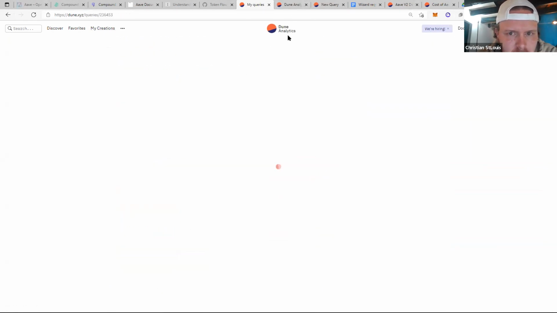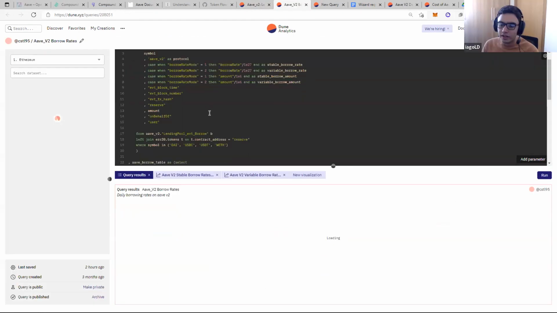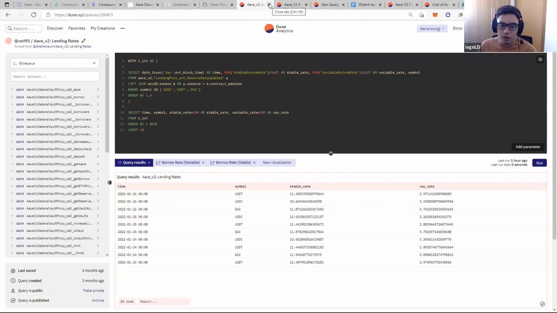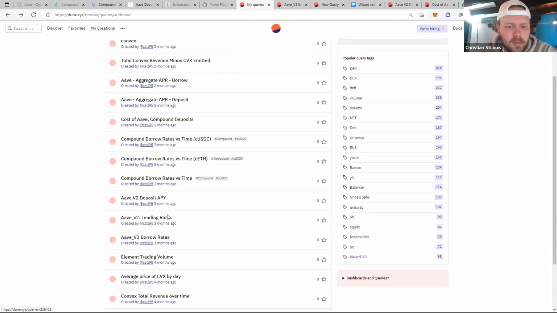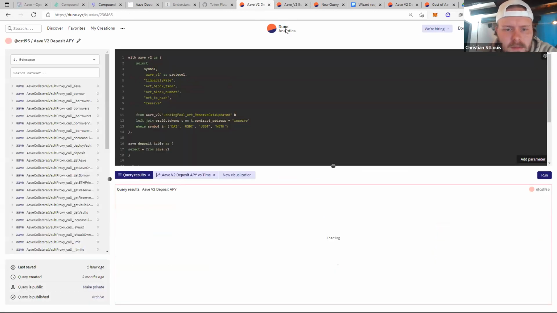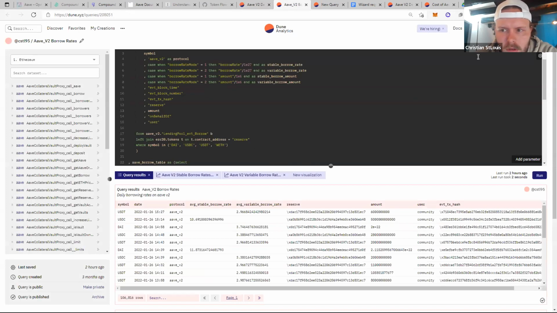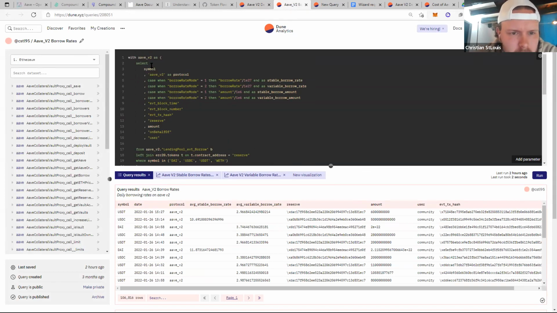I don't remember. Could you explain why the queries have to be different for borrowing and deposit? Are those different databases that they're storing? Yeah, so let me open these side by side. So yeah, this one's for borrowing rates.